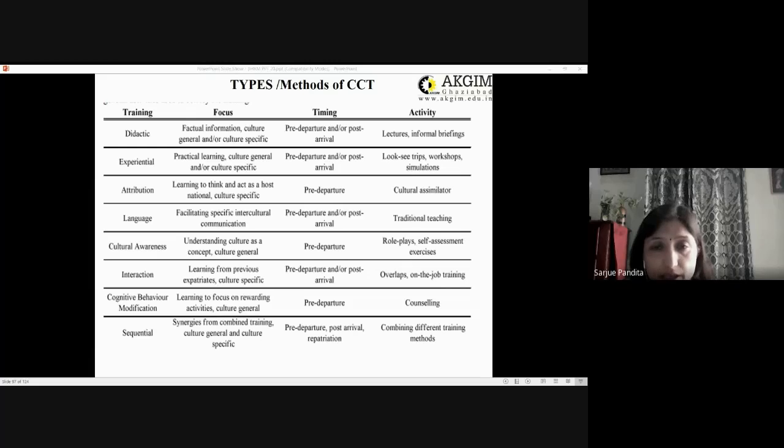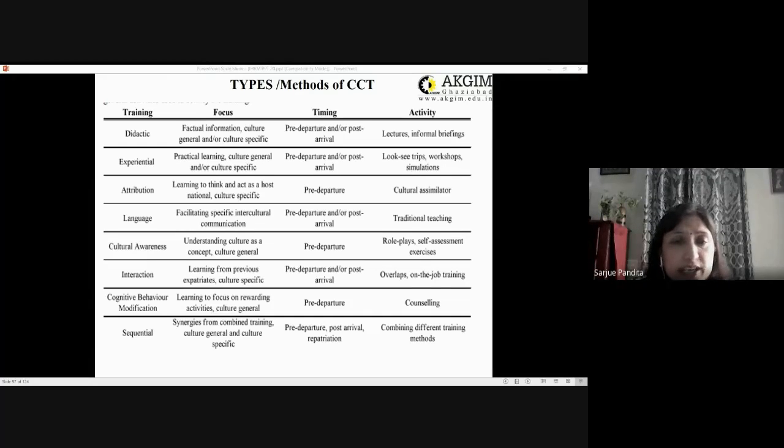So it involves encounters between members of two different cultures so as to practice interaction with a new culture. That means you have an expat and you have the other person, who is helping him to practice. So that is what attribution training is.